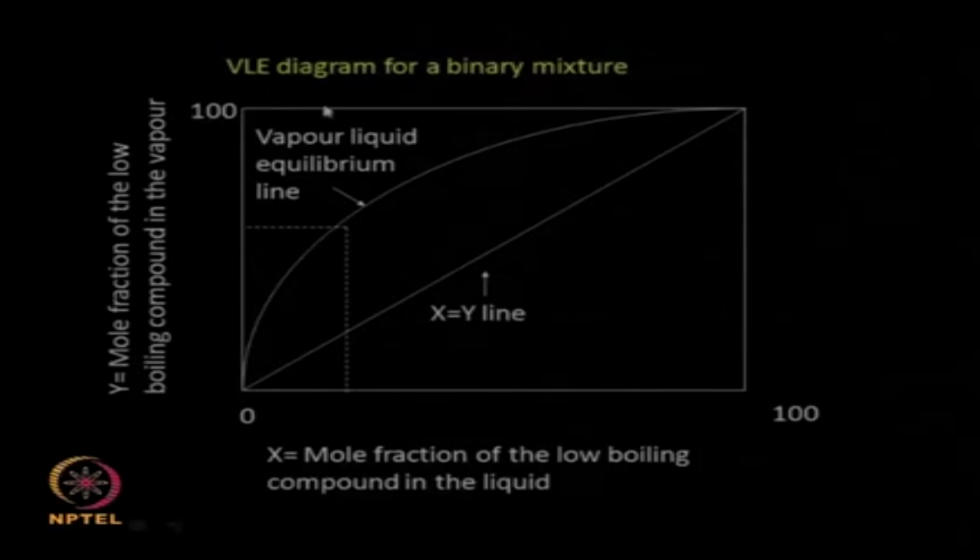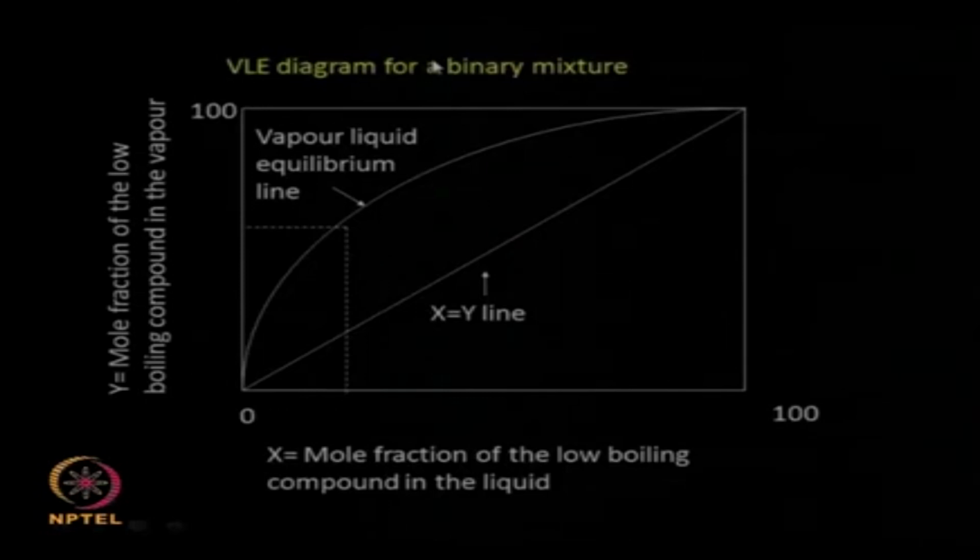So this is called a vapor liquid equilibrium diagram for a binary mixture. Suppose you have two components A and B, like ethanol water, methanol water. This is how a vapor liquid equilibrium diagram, VLE we call it, looks for a binary mixture. On the x axis, you draw the mole fraction of the low boiling compound, 0 to 1.